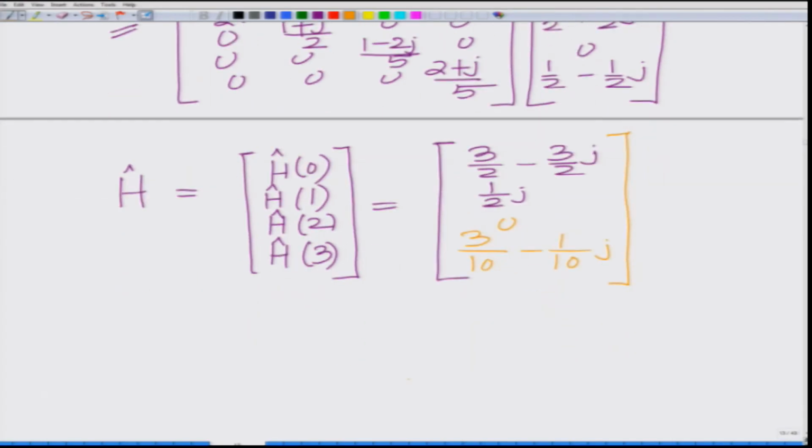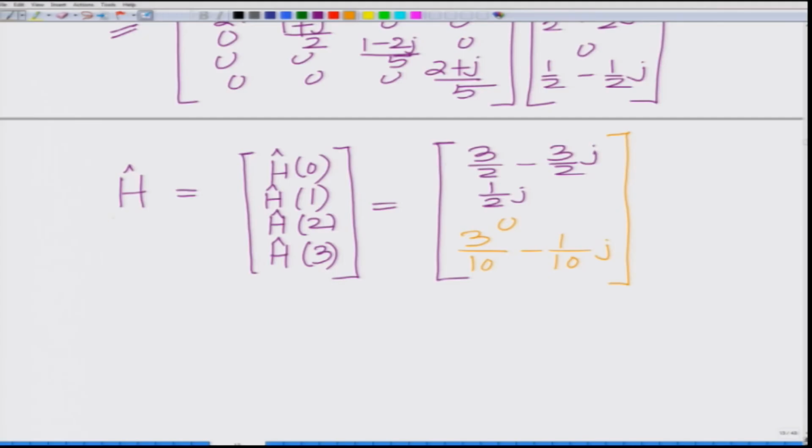So, h hat denotes the vector of estimates of the channel coefficients across the various subcarriers. H hat 0 is the estimate of the channel coefficient across subcarrier 0, H hat 1 across subcarrier 1, so on and so forth up to H hat 3, all right.